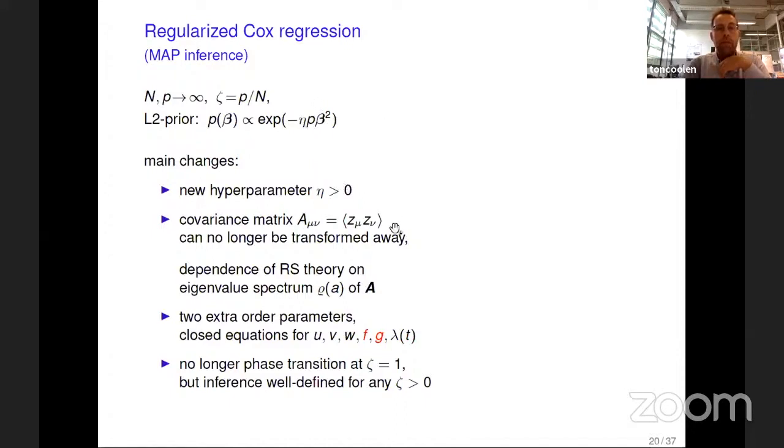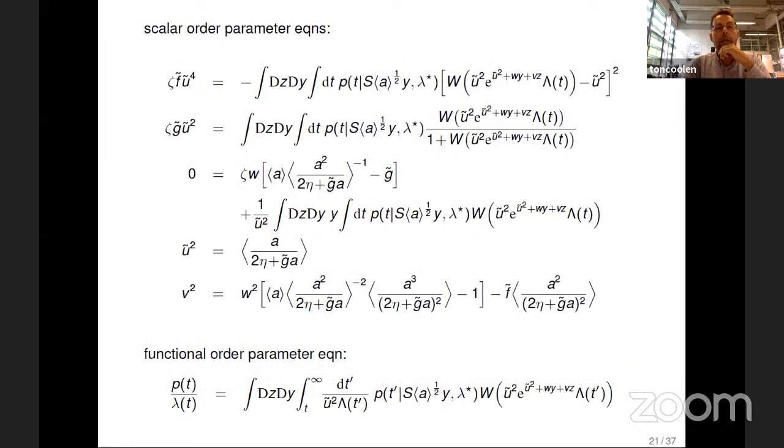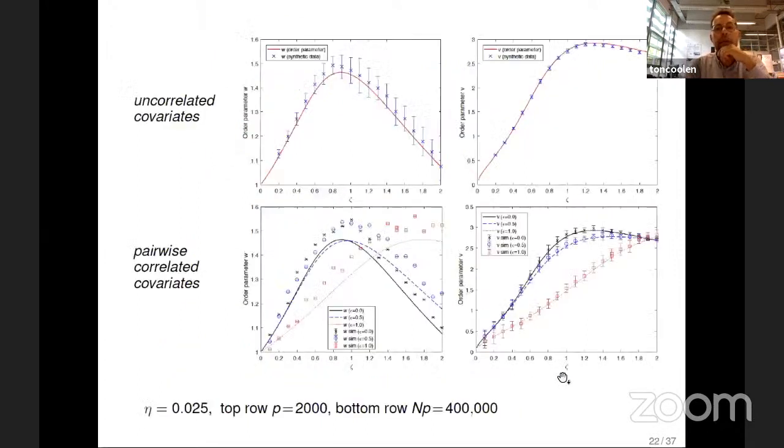If you have MAP inference, you can no longer transform away the covariate correlations, and that means you get a theory that involves the spectrum of this matrix. You get 2 extra order parameters, but qualitatively, the theory remains very similar. You just have now 5 equations instead of the previous 4. So these are scalar equations, and we still have this functional order parameter equation.